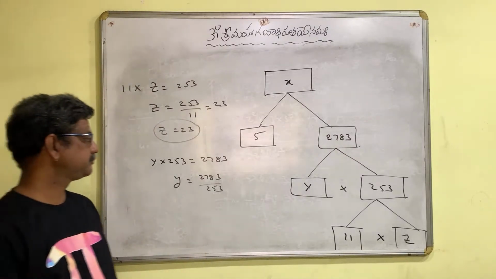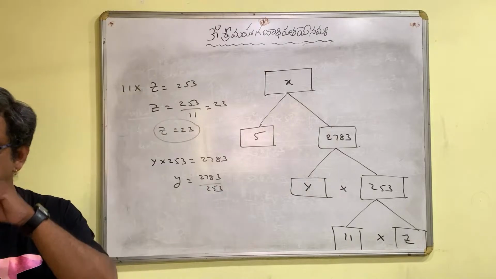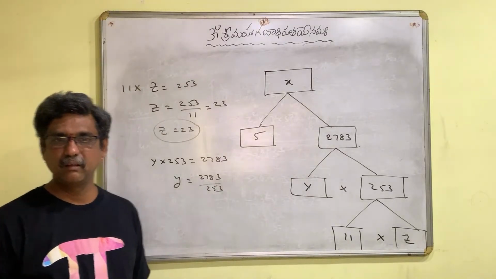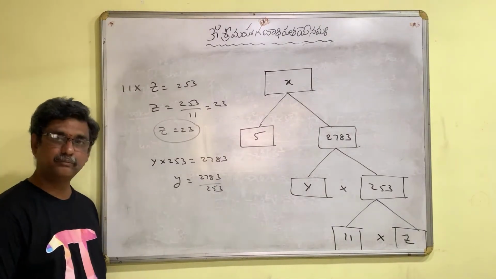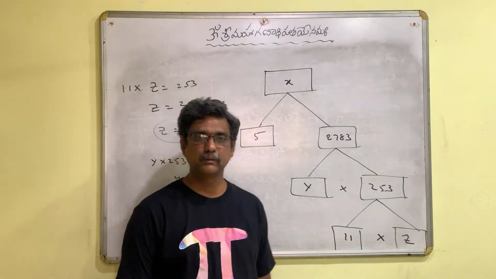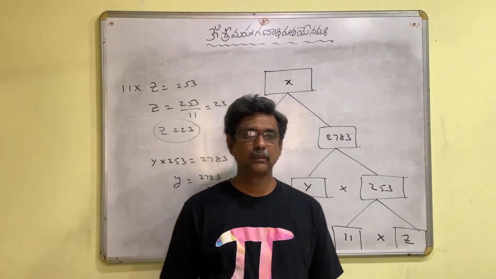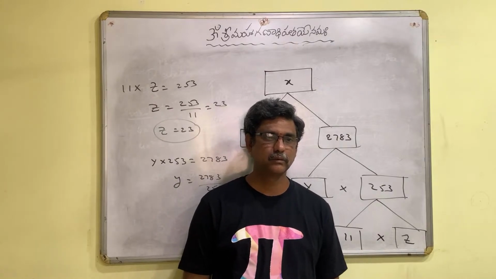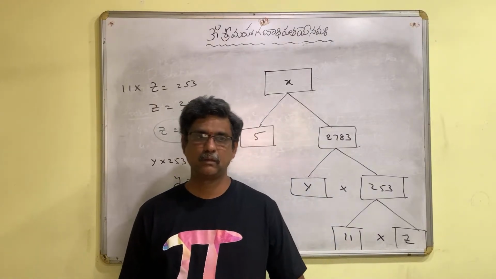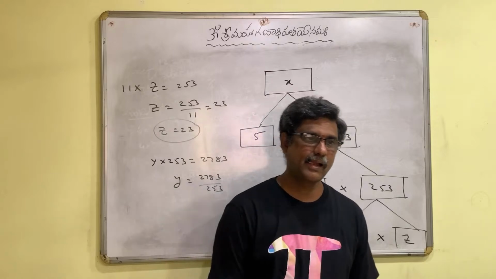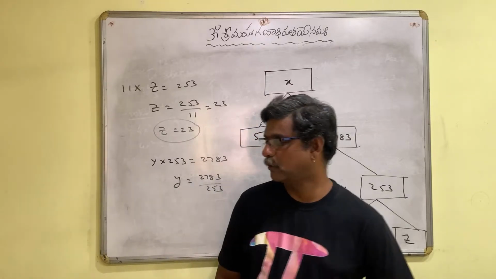How much? Eleven. Good. So Y value is 11.